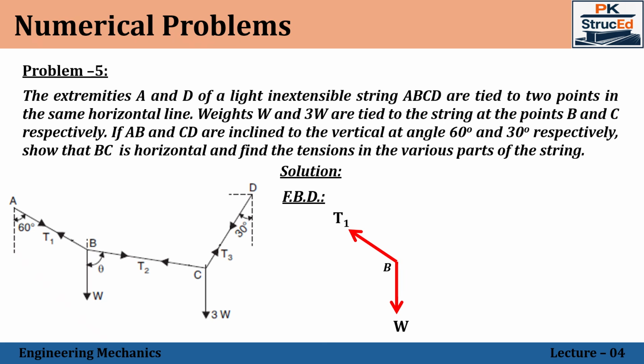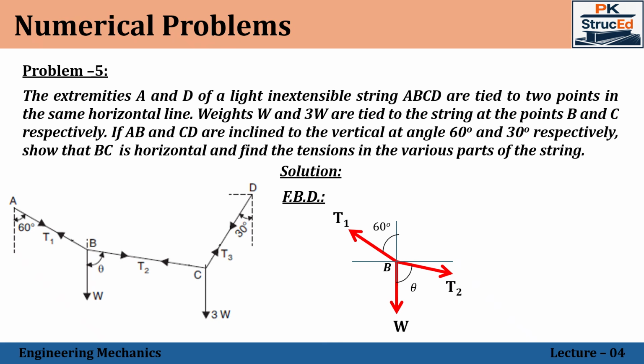The tension in portion AB is treated as T1 and the tension in portion BC as T2. The angle for the portion AB has been given as 60 degrees with the vertical, which is marked here. We assume the angle for BC is theta because this is what we need to find out. So this is the free body for point B.